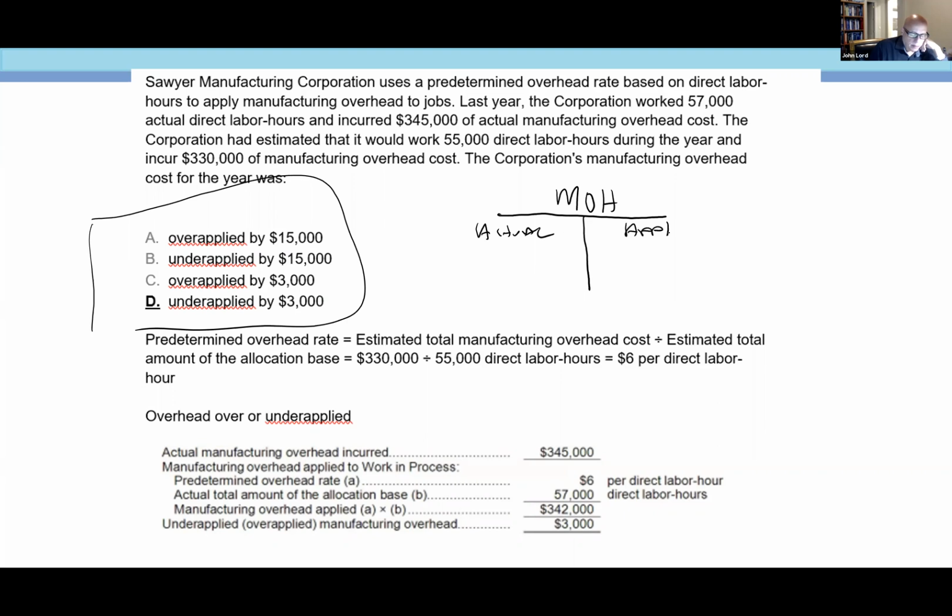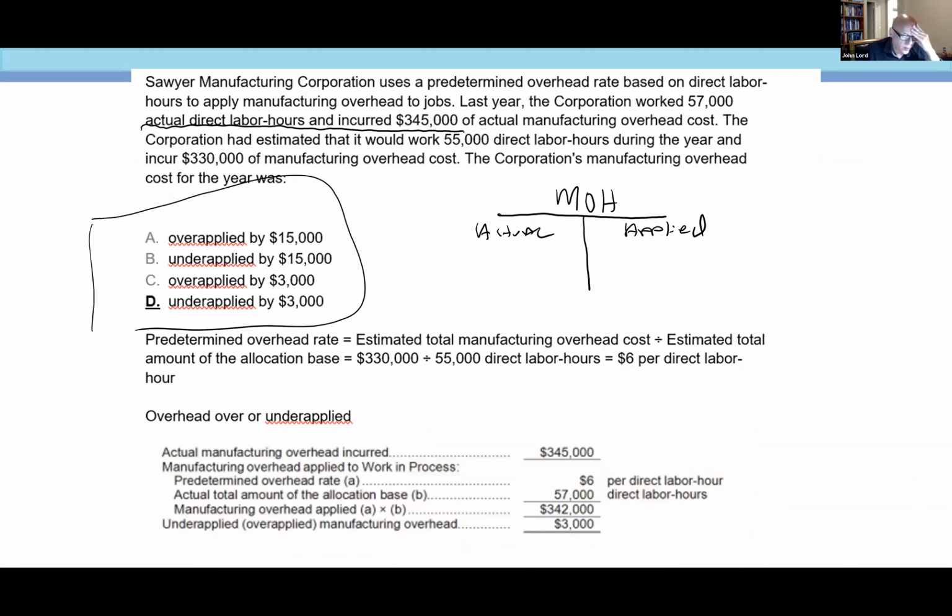You got to know that under or over applied is the difference between the actual and the applied. So they're going to give me some information here that's going to allow me to analyze this difference. They tell me that the actual overhead cost incurred is $345,000.